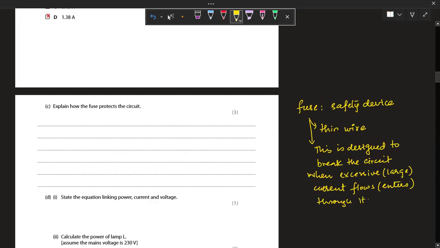Clear? So it disconnects itself so that other components remain safe, right?